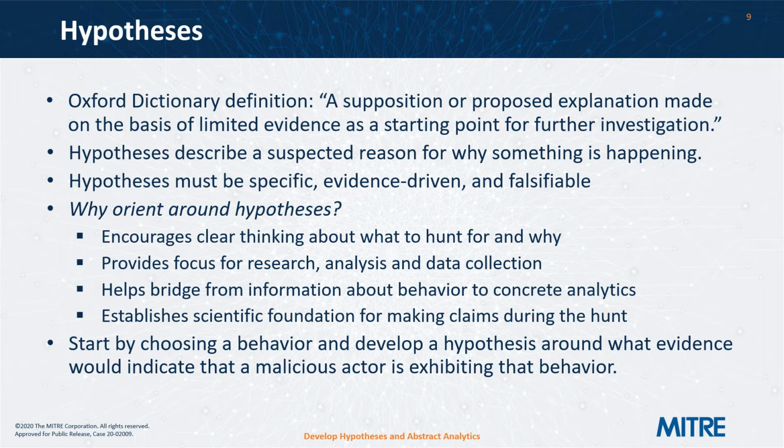So, for example, someone might try to suddenly and quickly exfiltrate sensitive data off my systems to somewhere outside my network using standard IP-based protocols through my internet access point. Now, that's a lot more specific, and it gives us a lot more to go on as we do our research, analysis, and data collection.